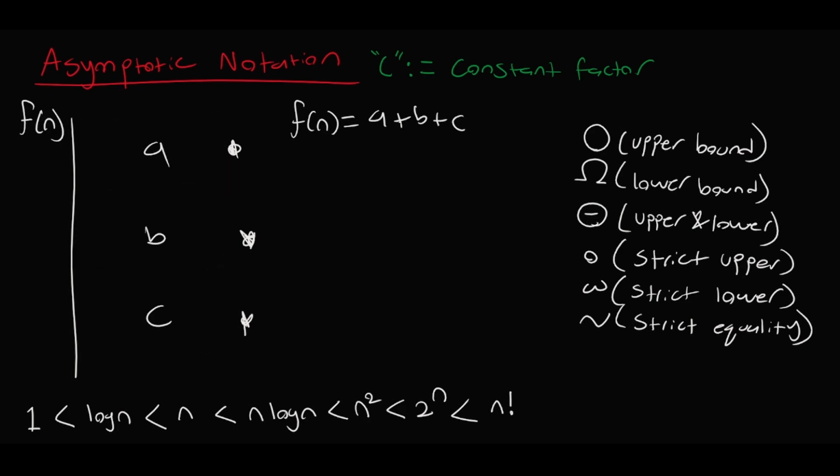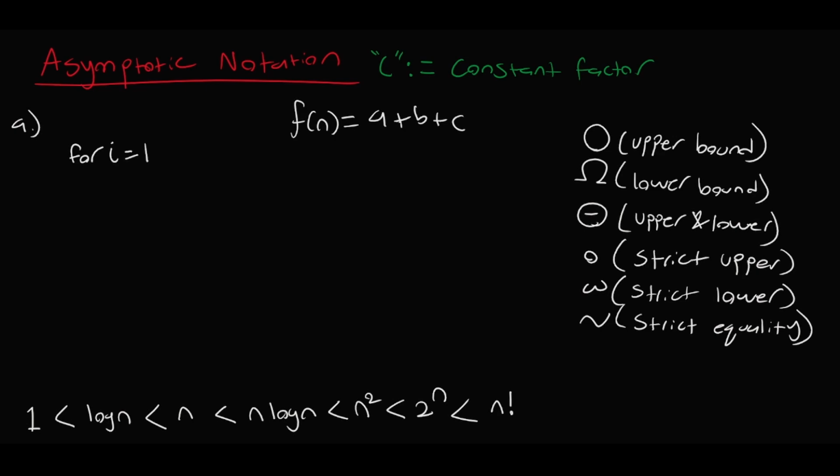Now let's say we were to dive deeper into a, and let's say a is some for loop. A for loop is some number of iterations on some item. So let's say this is an i.